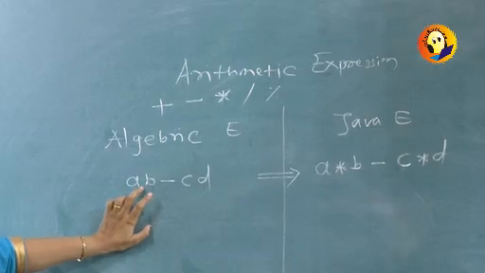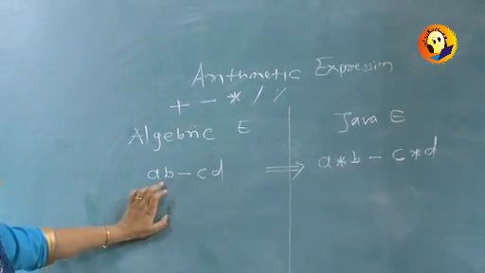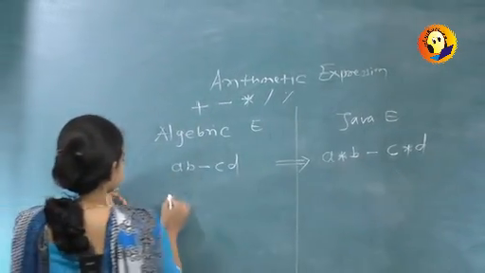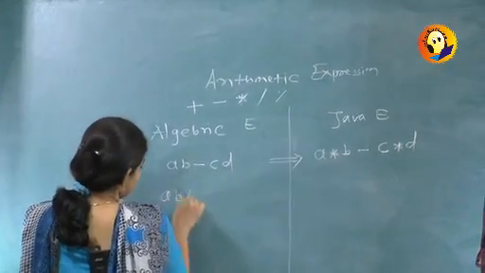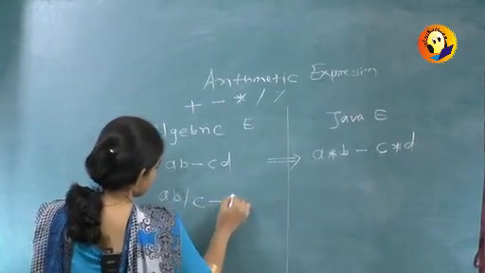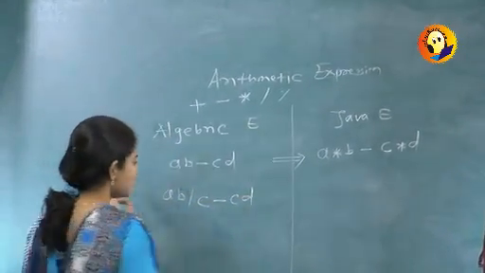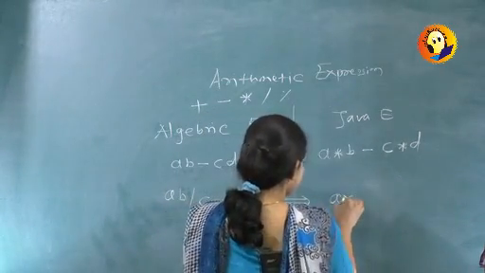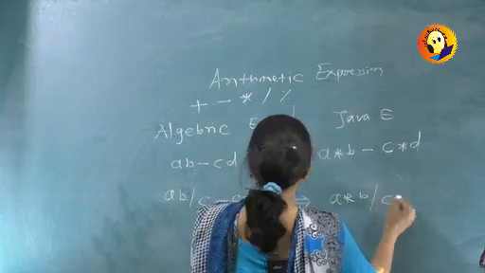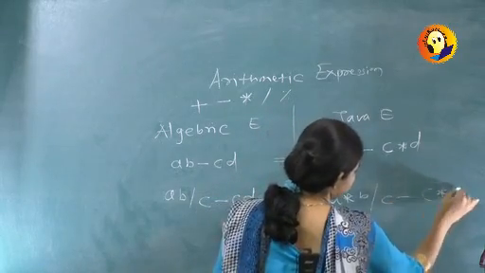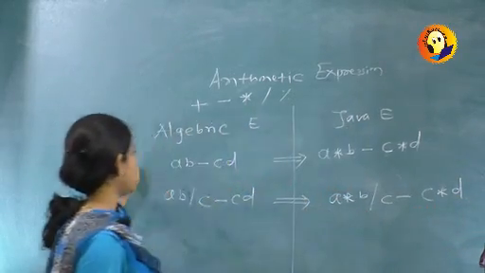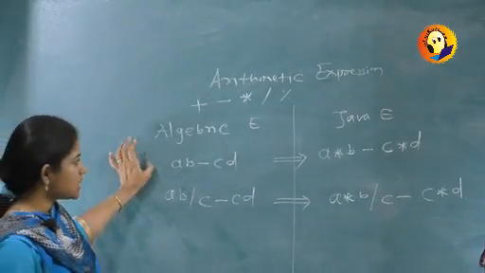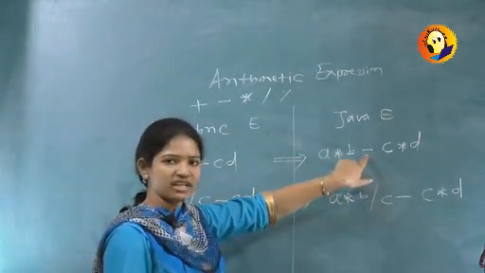If there is no sign in between them, that sign is multiplication. Consider another example: AB divided by C minus CD. In Java it is represented as A multiplied by B divided by C minus C multiplied by D. In this way, algebraic expressions are represented as Java expressions.